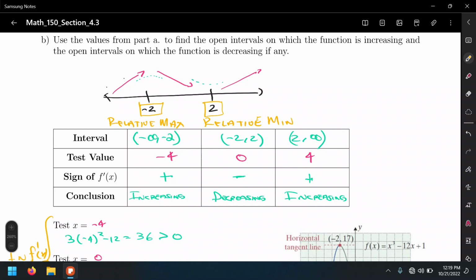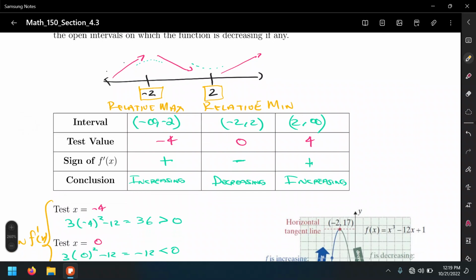Let's confirm this, and let's actually find the values of the maximum and the minimum, because they're not just telling us whether there is a max or a min. They're also asking us to find the values. What do we do?